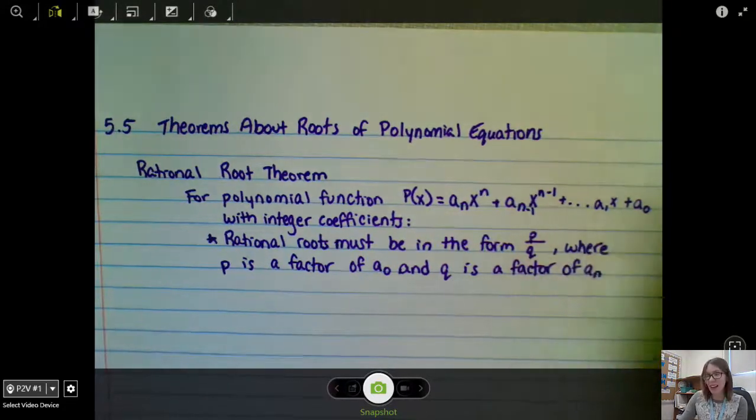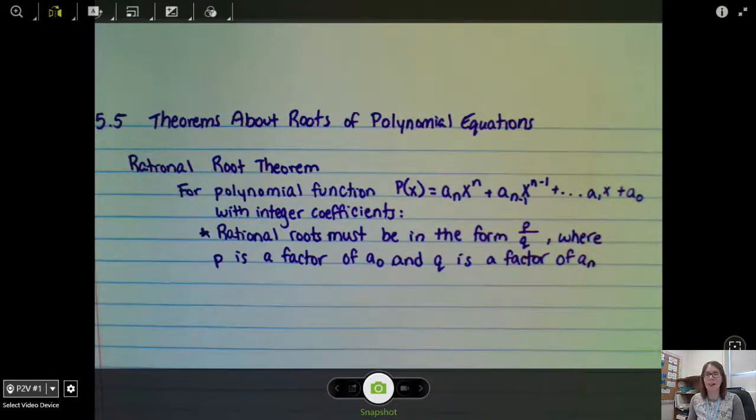Now I know this is a lot, it seems pretty technical, there's a lot of variables here and not a whole lot of context, so bear with me for a second as we go through an example. This will make a little bit more sense.